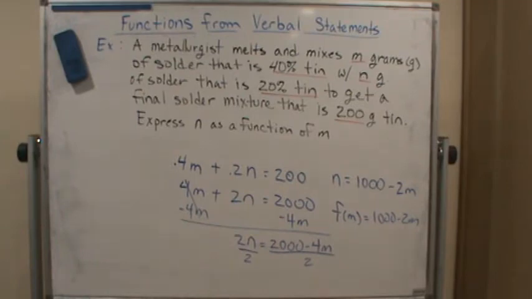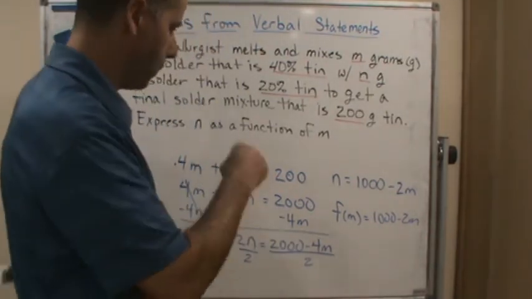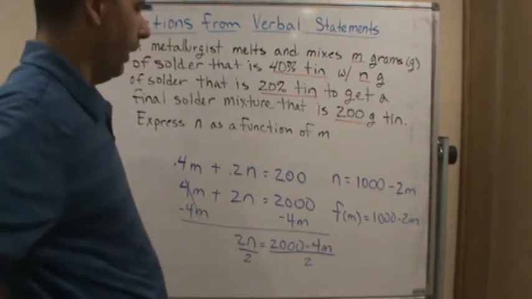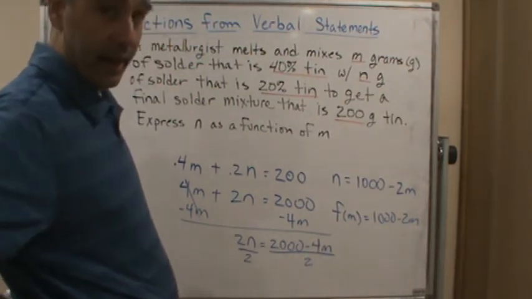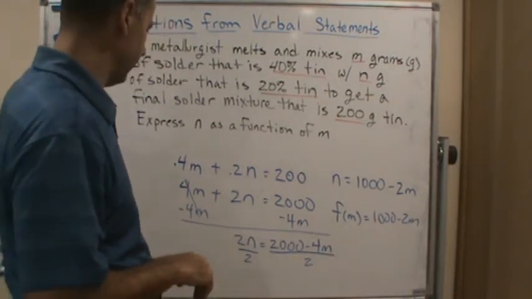Now, what else do they tell us here? Well, let's talk about the domain. What can I have in the domain? So now this is an application type problem, so you've got to be careful, right?